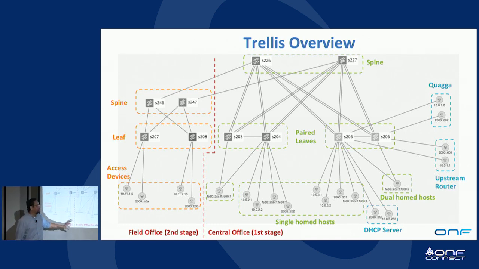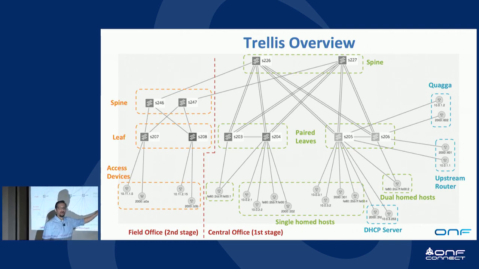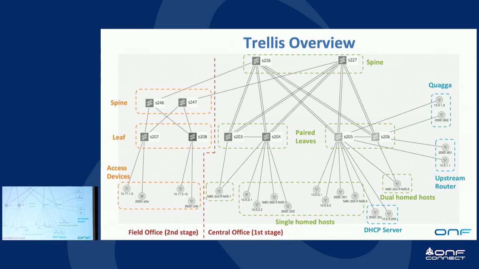So the fact is that you could have the compute infrastructure in the primary location and no compute in the secondary location, just the access equipment in the secondary locations, and then that traffic connects to these spines in the secondary location. They then forward it to the spines in the primary location, and then reach either the compute infrastructure or the upstream network, right?